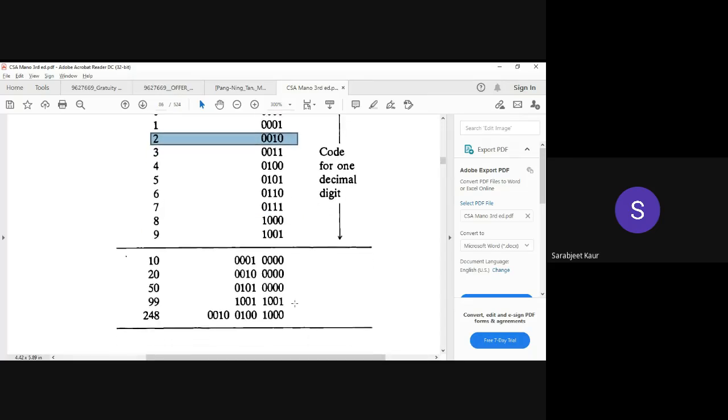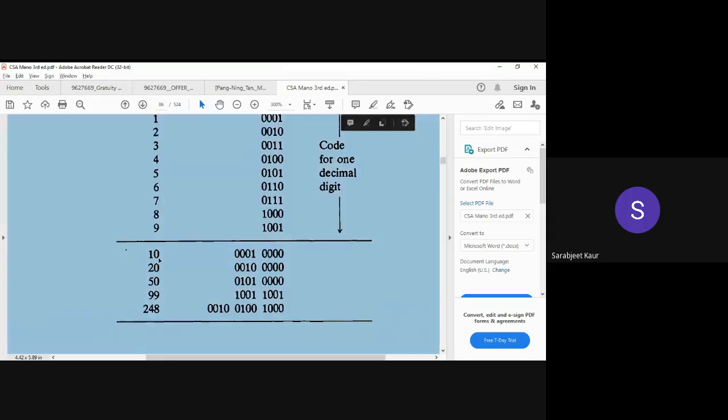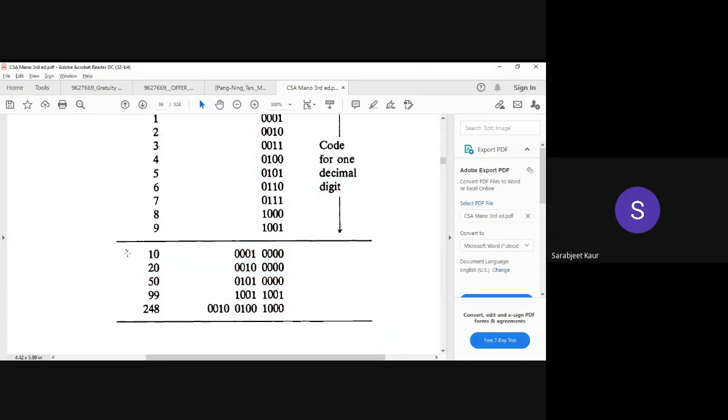Now what happens from 10? What is the binary code for 10? It is 1010, right? But in BCD, as soon as we go on to double digit or 3-digit numbers, we still follow this format.